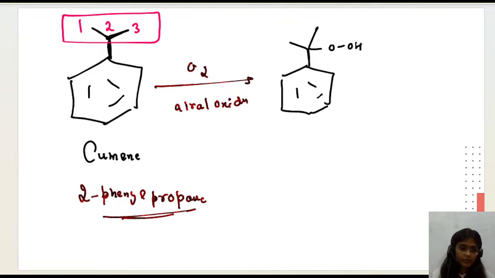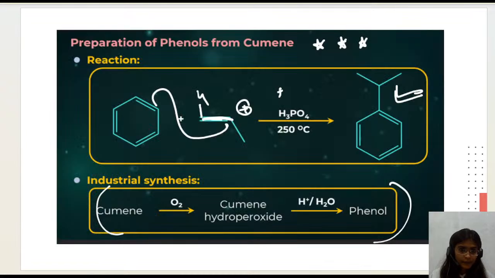That is aerial oxidation. Let me go back and see the slide. So we are getting cumene peroxide there. First of all, O2.